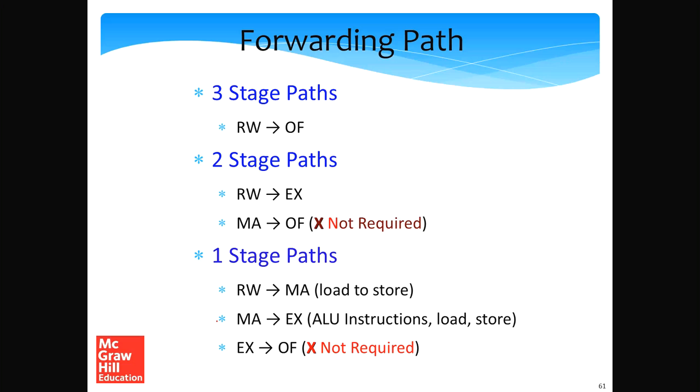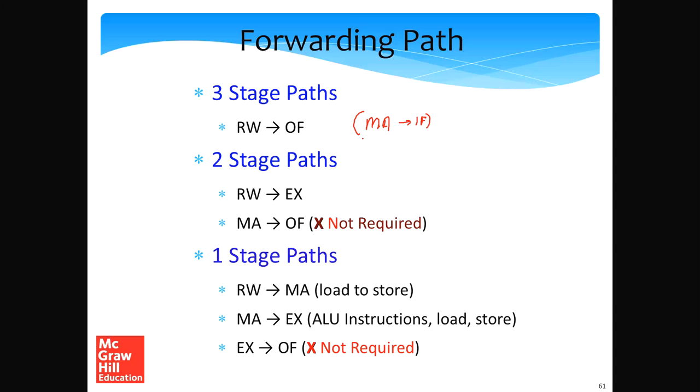So let us look at some forwarding paths. So let's first look at a 3-stage forwarding path, which is across 3 stages. So that would be from RW to OF, right? So recall that we don't have to add a forwarding path from MA to IF.